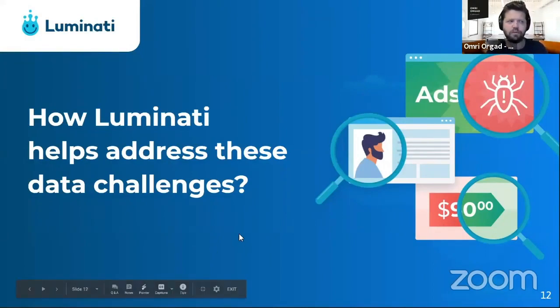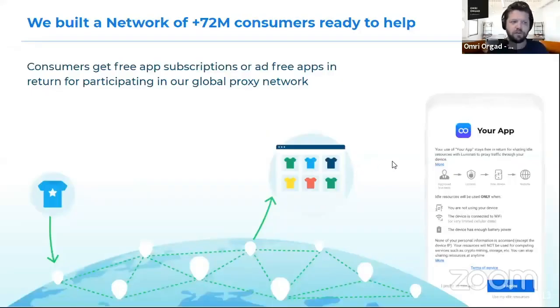So how do we help to address that challenge? First of all, Luminati is the owner and developer of patented technology. We started out 6 years ago with residential IPs. Today we have about 72 million IPs. That's a big number, it could even be irrelevant.